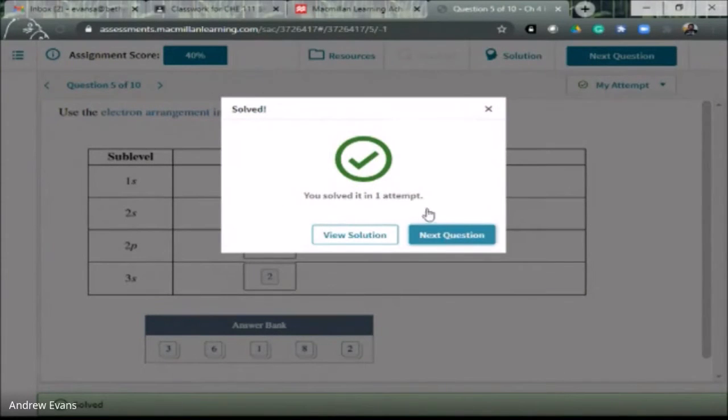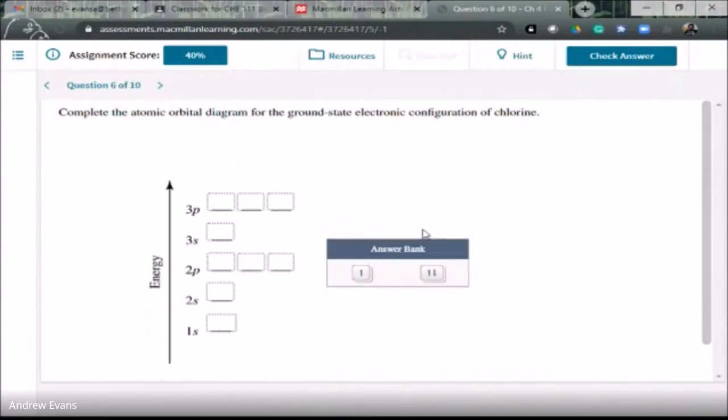So just looking at a few more of these. This one, look at the ground state of chlorine. We did this one. Chlorine has 17 electrons.